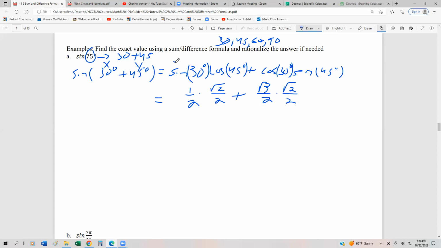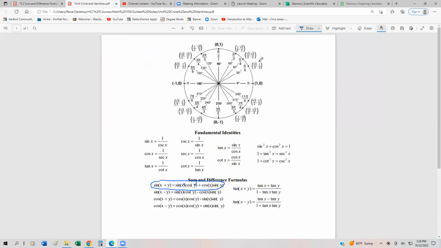Remember, the sine is the y coordinate on the unit circle, and the cosine is the x coordinate. So the sine of 30 degrees is 1/2 because it is the y coordinate at 30 degrees. At 45 degrees, they're both root 2 over 2. And the cosine of 30 degrees is root 3 over 2. So that's how I got those. But again, we should probably have those memorized at this point.